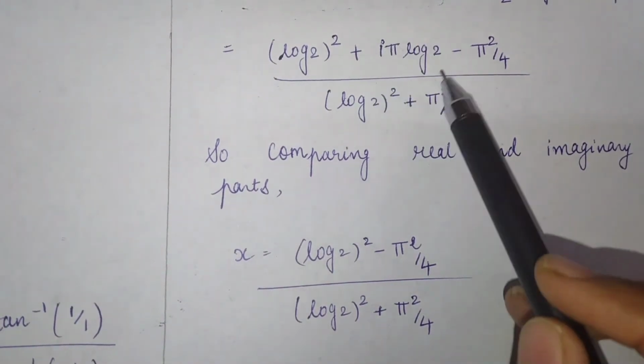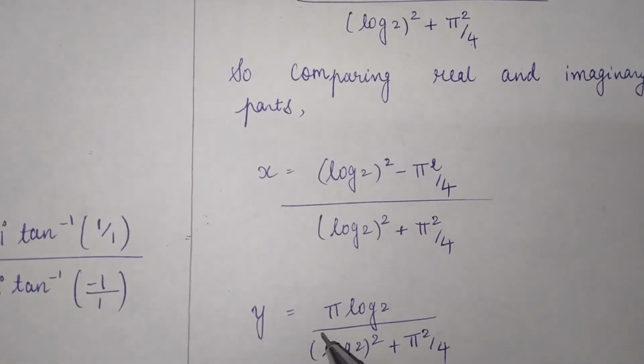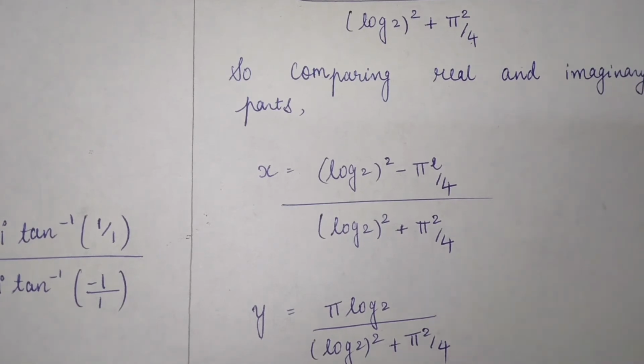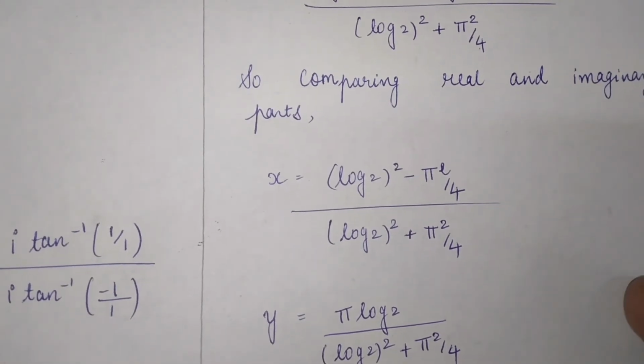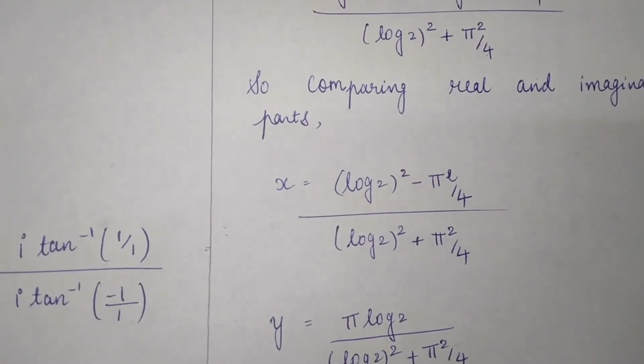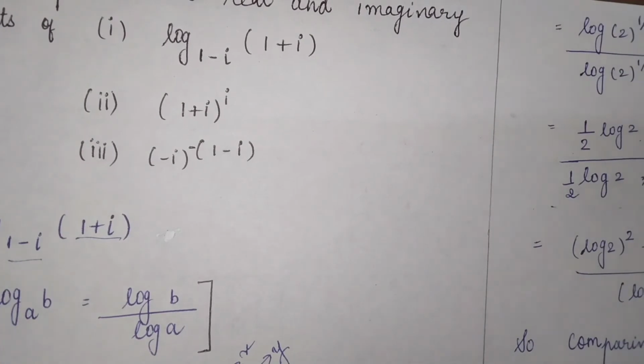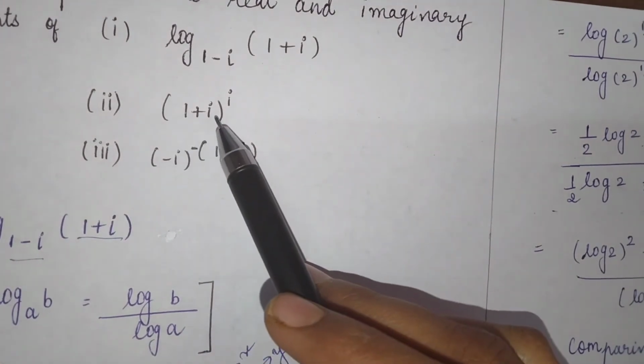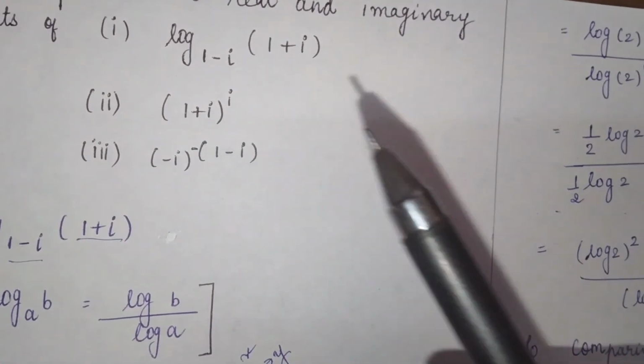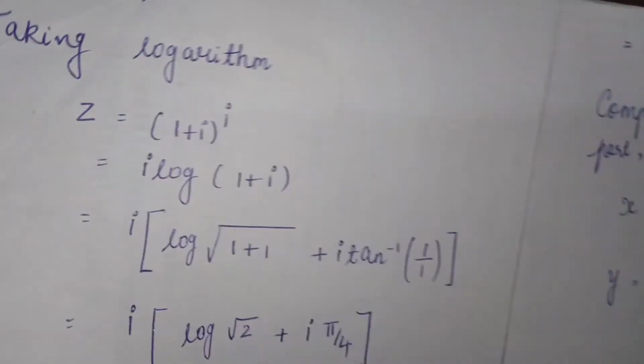That is pi log 2 divided by (log 2) whole square plus pi square by 4, which remains common. So in this way you can find the real and imaginary parts. Now solving the second question: (1 plus i) whole raised to i is given. Now we can solve it.